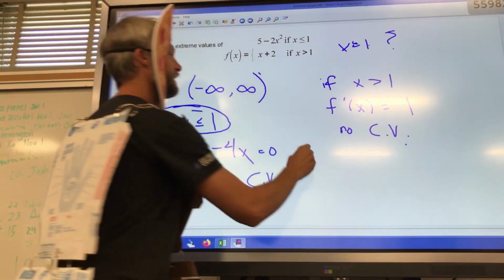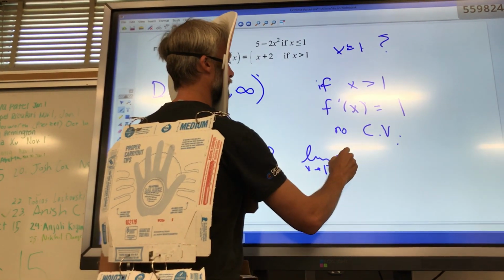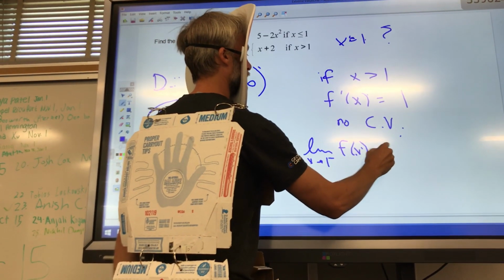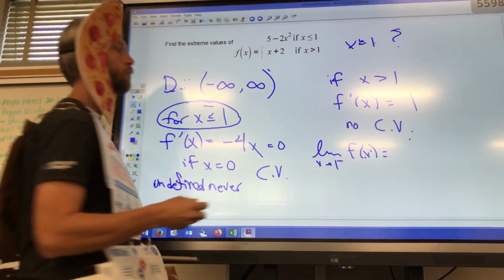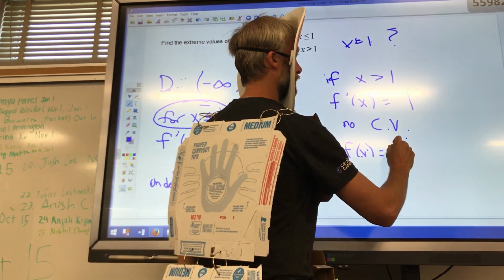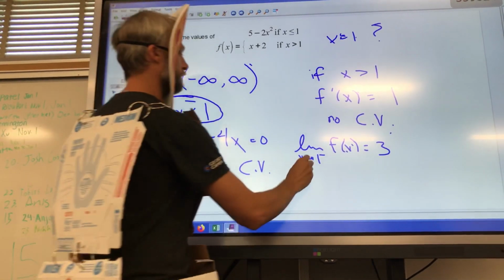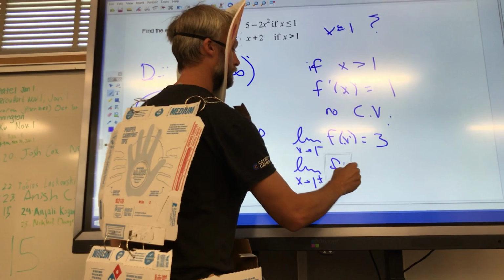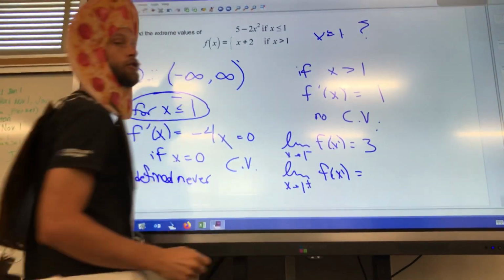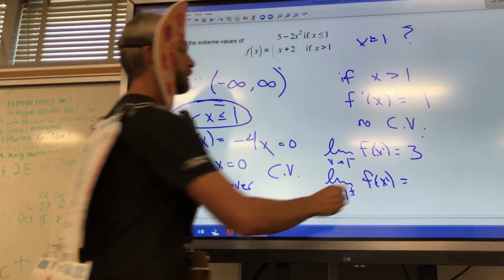The limit as x approaches 1 from the left is 5 minus 2 times 1 squared, which is 3, right? And the limit as x approaches 1 from the right should be 1 plus 2, which is 3. So it's continuous.